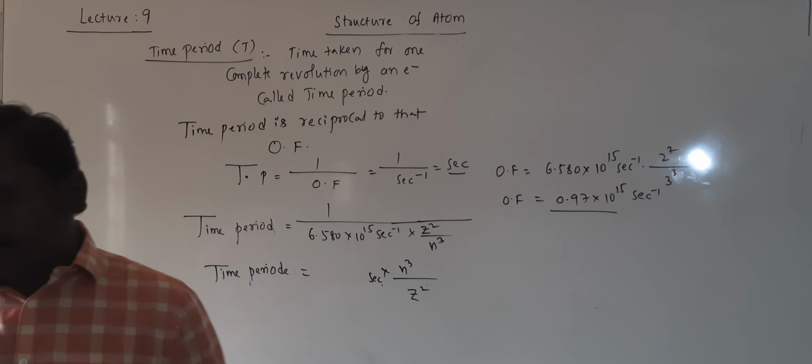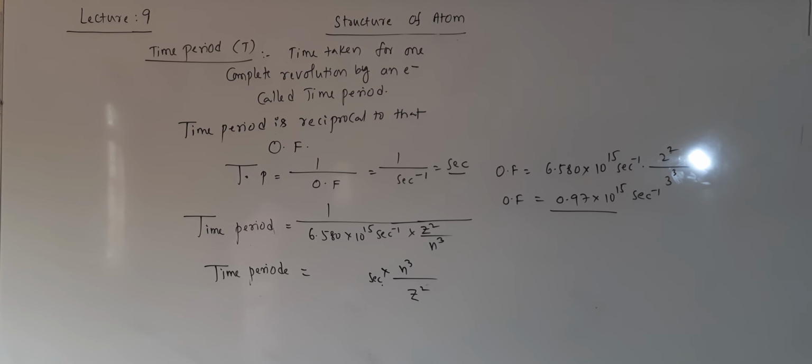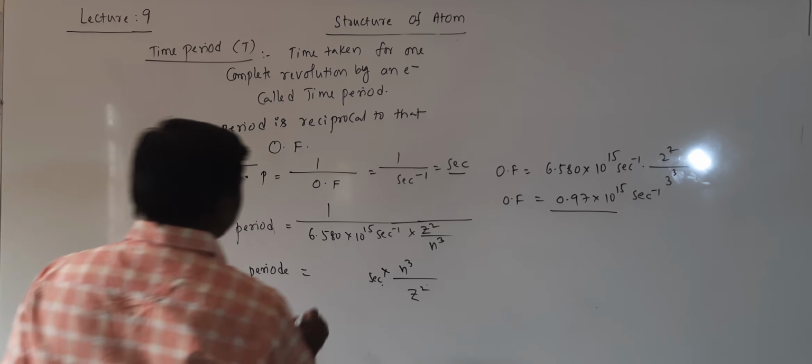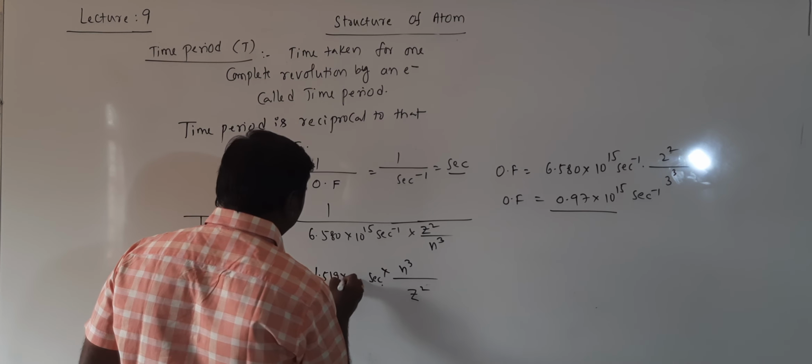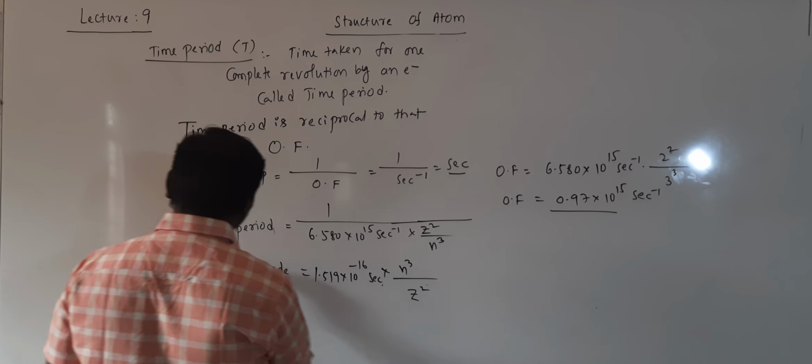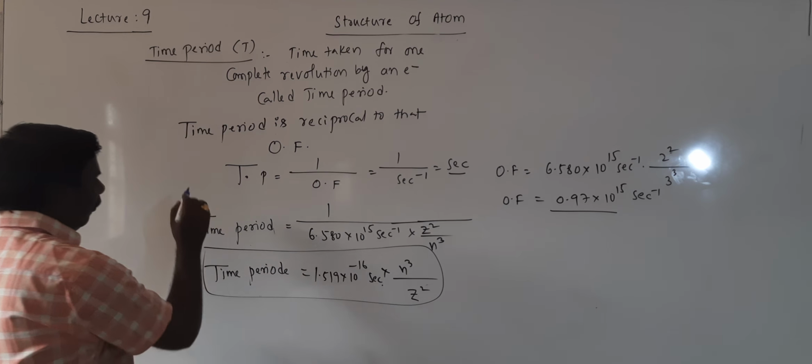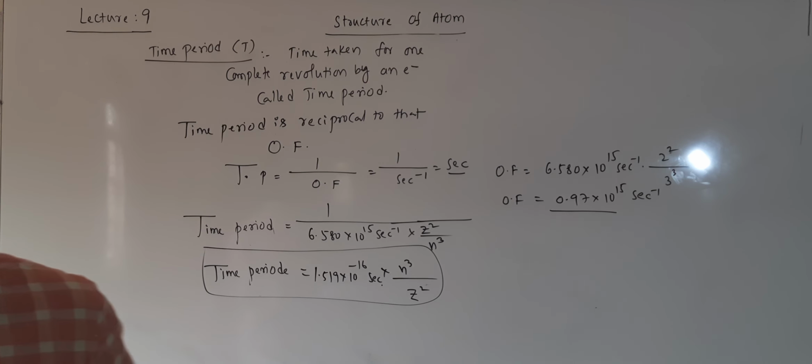By solving this, you will get 1.519 into 10 to the power of minus 16. So this is the formula for time period.